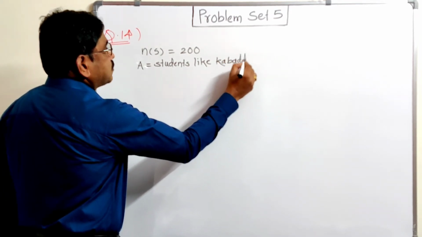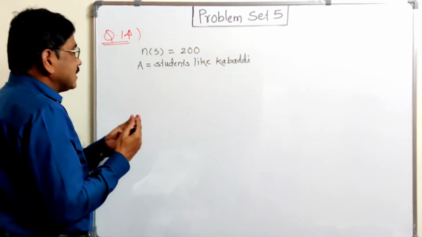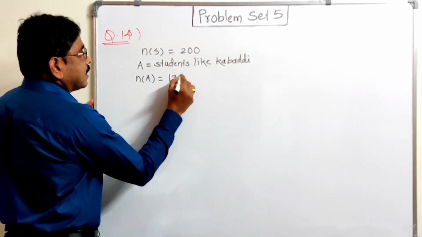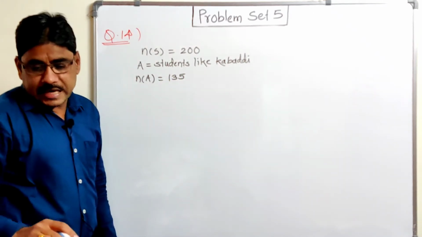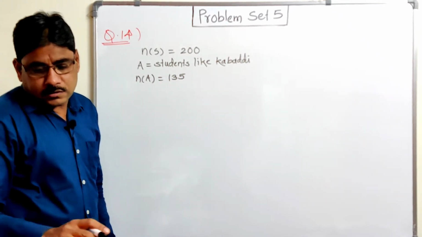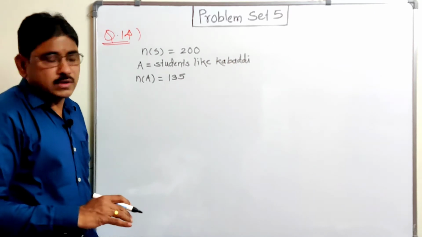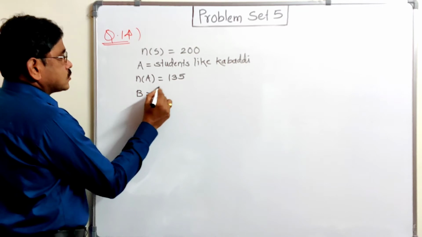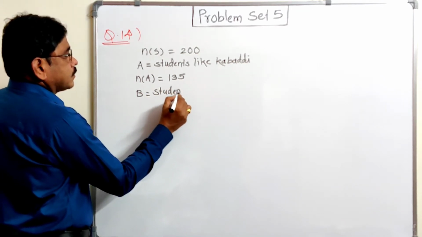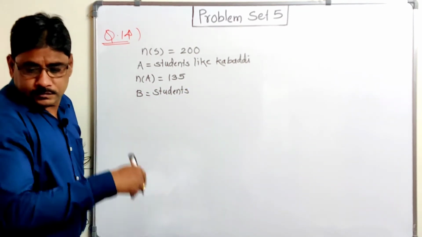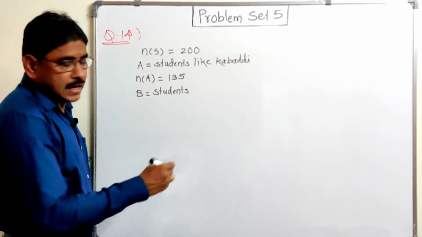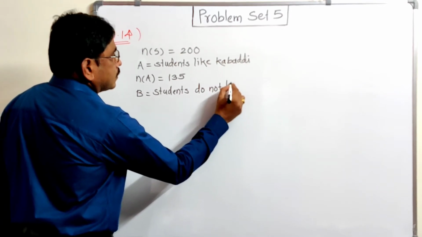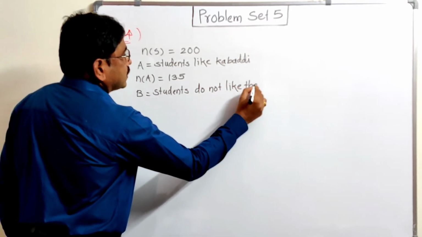Those who like kabaddi, we denote by A. Therefore n(A) is equal to the number of students who like kabaddi, which is 135. Then the remaining students, that is, subtract 135 from 200. B, the students who do not like the game.